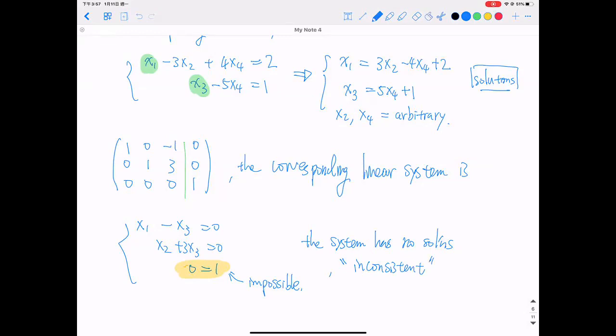The reason for being inconsistent here is that you have this equation 0 equaling 1, and that equation comes from the bottom row, where everything is 0 except for the last entry. Such a row is a non-zero row, its first non-zero entry is a 1, and it is the only non-zero entry, which happens in the last column.